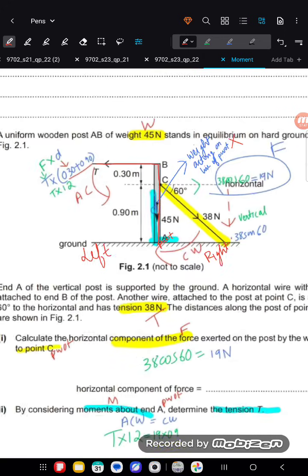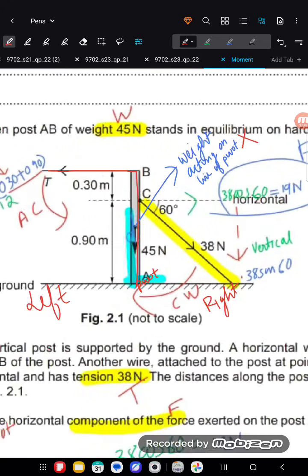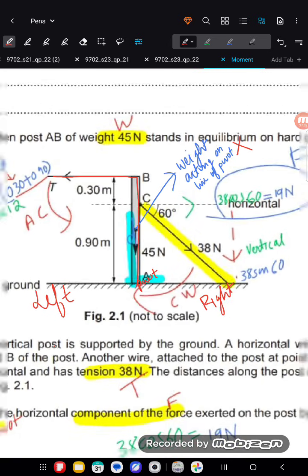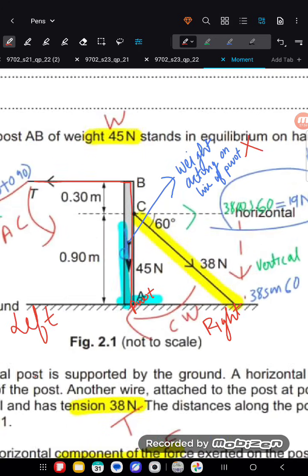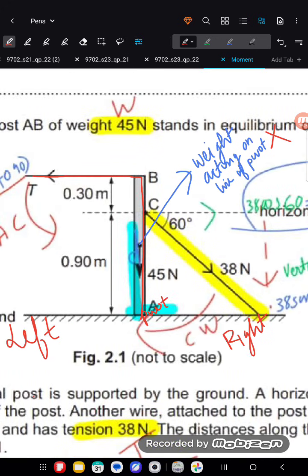So see here. Okay, and this one is this force. So this force's distance is this 0.90. Now don't ask me why we are not taking this distance. We don't take this distance, we just split this force. Okay, so the distance is 0.90.